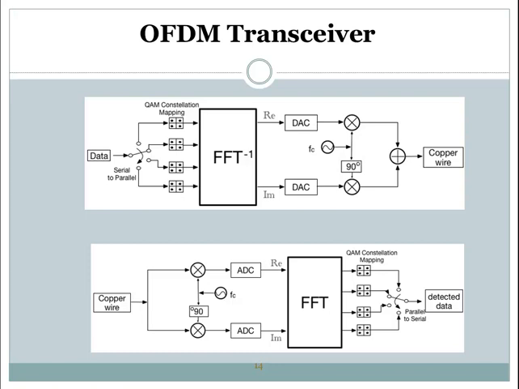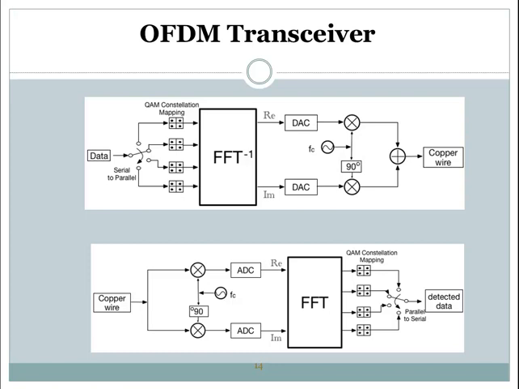This is a functional diagram of the OFDM transmission transceiver blocks. The upper part is the transmitter, where the data is first converted from serial to parallel data streams, and each data stream corresponds to a subcarrier.